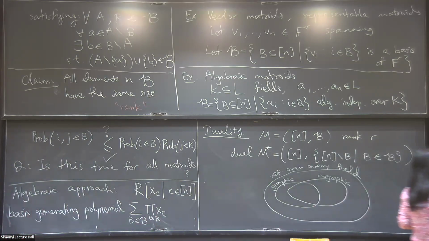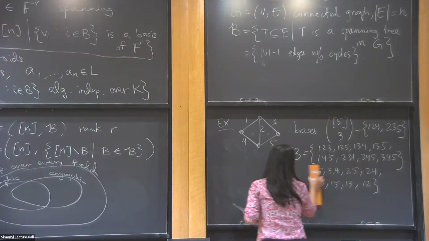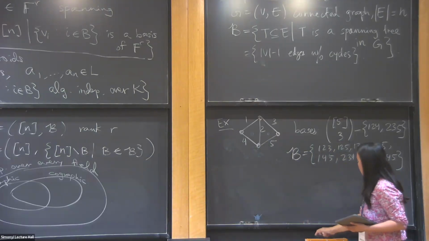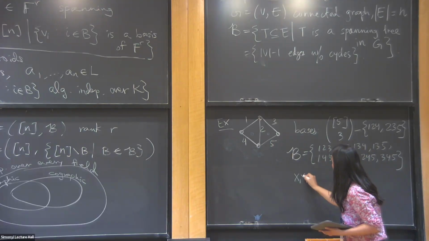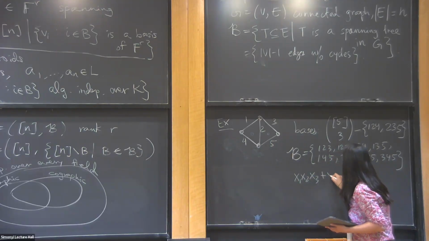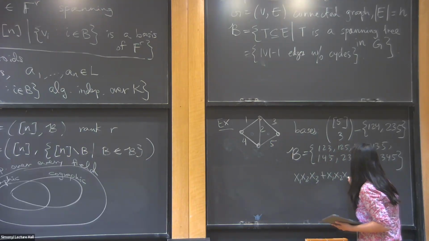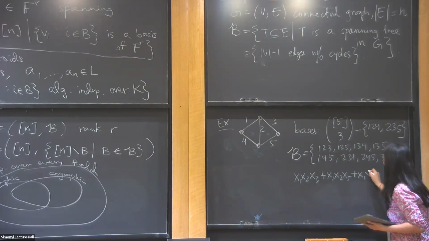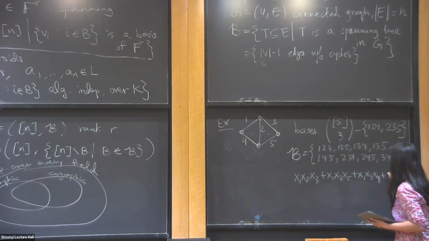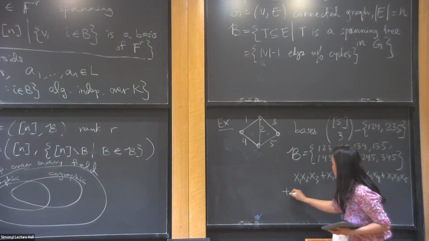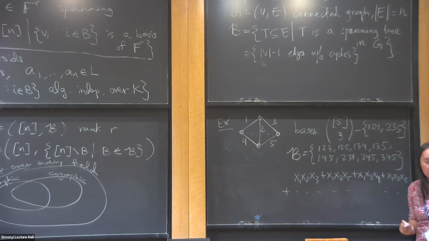So in this example, this is going to be x1 x2 x3 plus x1 x2 x5 plus x1 x3 x4. So this is the basis generating polynomial.